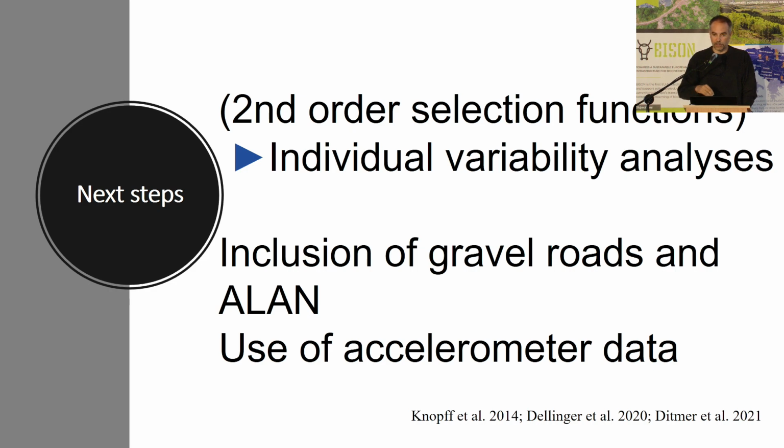So for the next steps, we plan to explore the second order selection function by including random points only within every puma territory. Also, we plan to include gravel roads and ALAN, that is artificial light at night, and to use the accelerometer data to know if the mountain lion was traveling or resting.